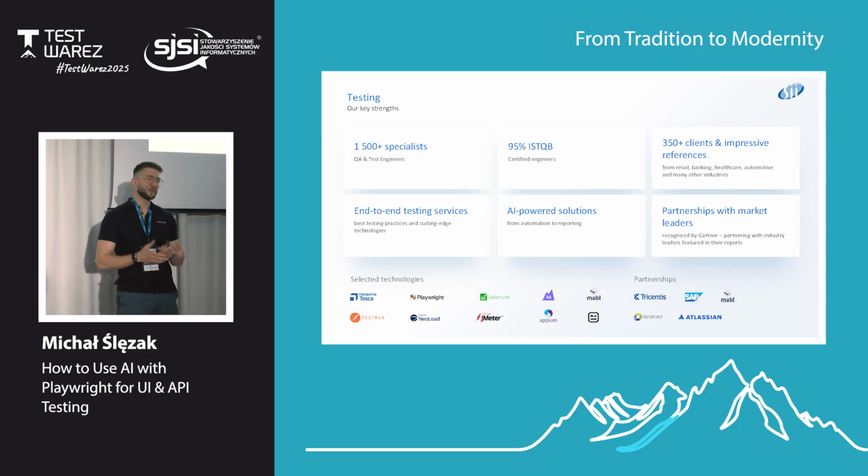According to that, we can do a lot of experiments in AI and test automation. And of course, we use different tools from open source and enterprise. So I wanted to show you that we have different experience related to that.